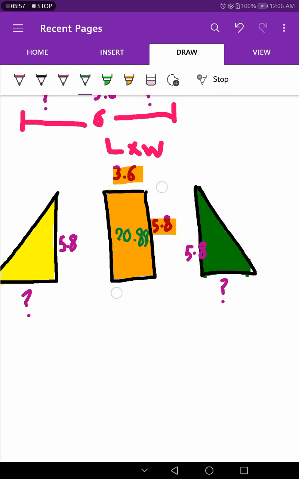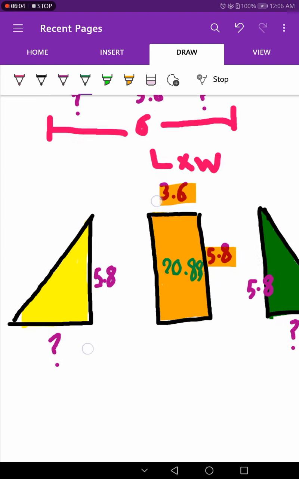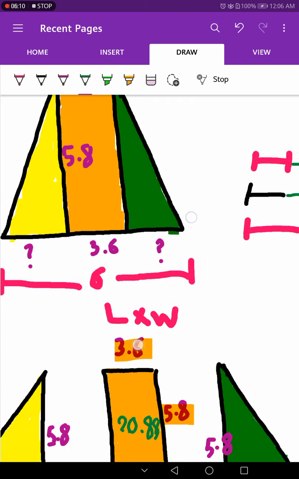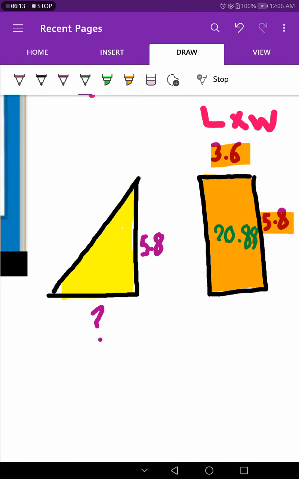Okay, fine. Now, where is the problem, teacher? We just multiply the length by the width easily. The problem here is that he hides the base for the yellow triangle and the base for the green triangle. We don't know them. How can we get them?